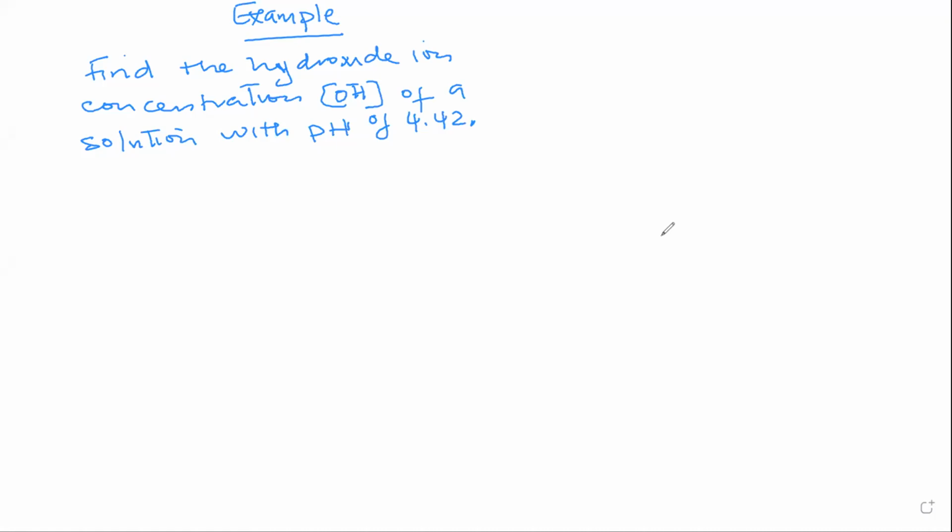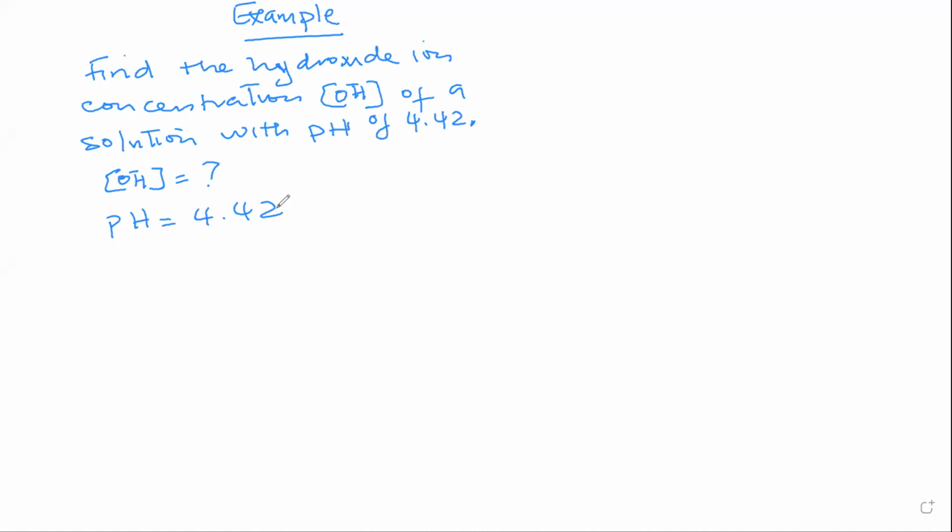Find the hydroxide ion concentration. This is hydroxide, we do not know that, of a solution with pH. We know the pH, 4.42. We want to find the hydroxide ion concentration, but we know the pH.